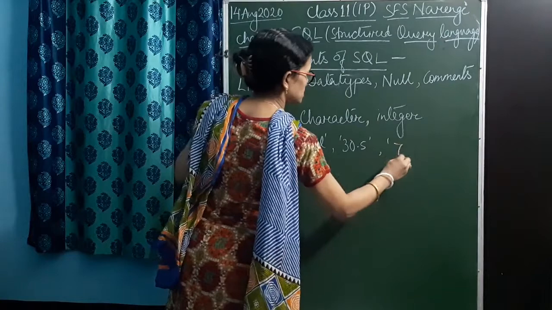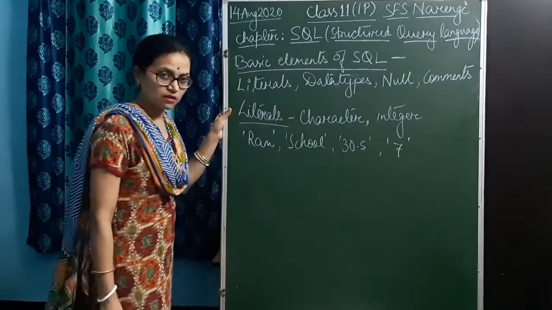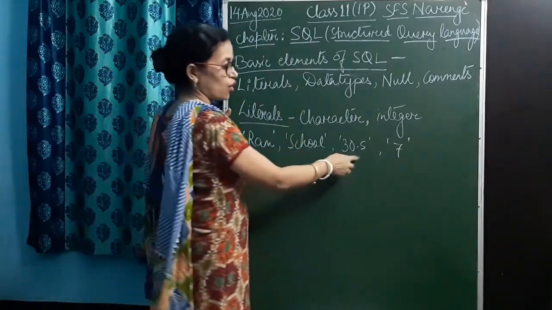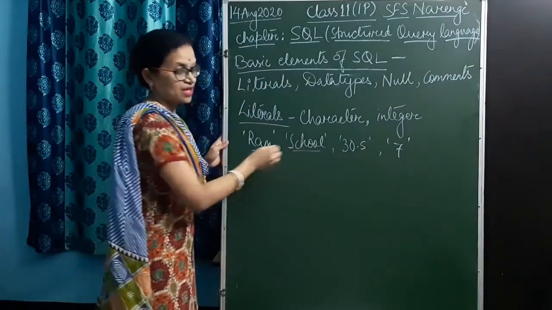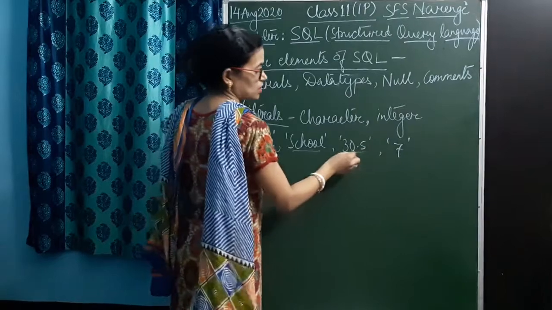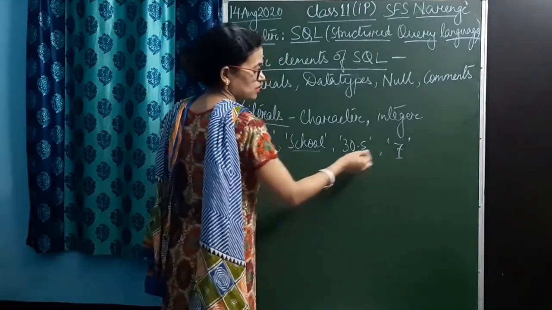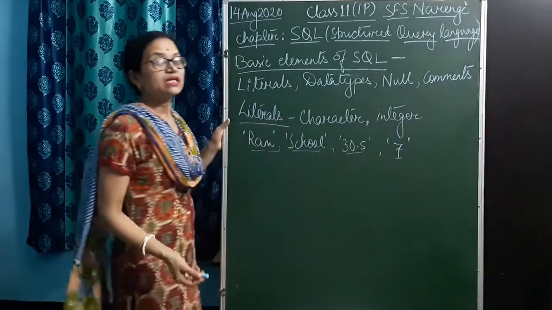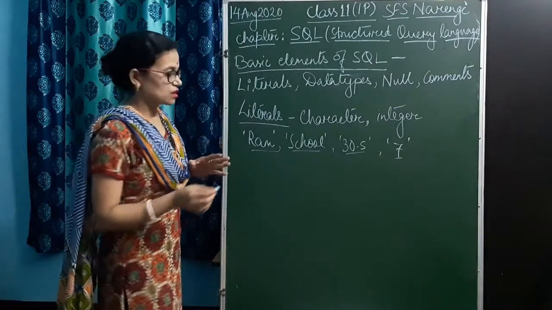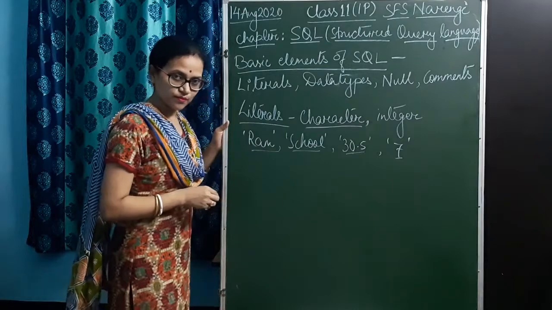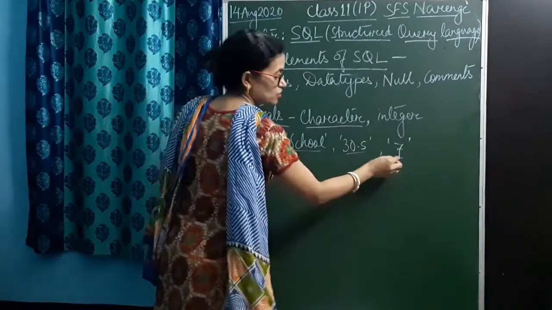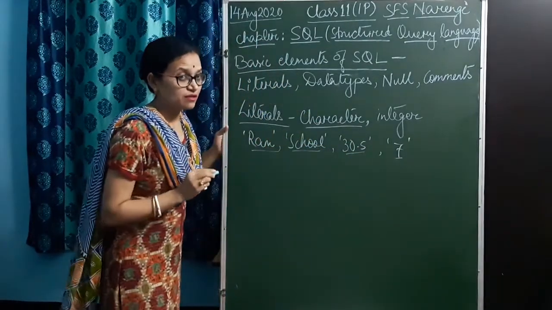Suppose I write 7. These are all different types of data. These two are characters. These two are fractions, decimals and integer values. But it all comes under character literals. Yes, the numbers also come under character literals.